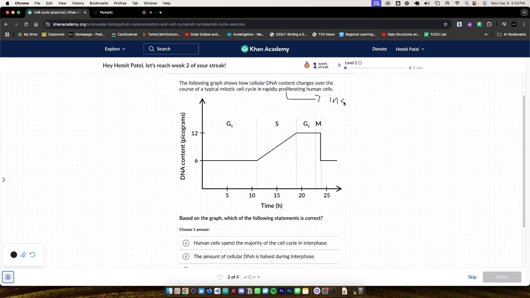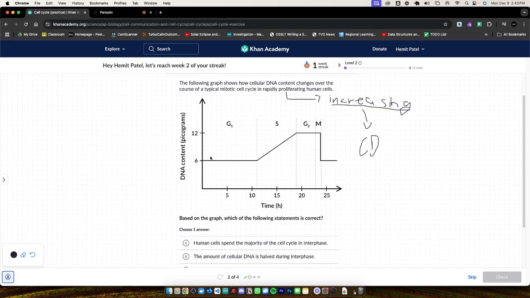So we can kind of tell that there's a lot of cellular division that's happening, because in order to increase a cell population, you can only do that through cellular division. I'm just writing CD for short.